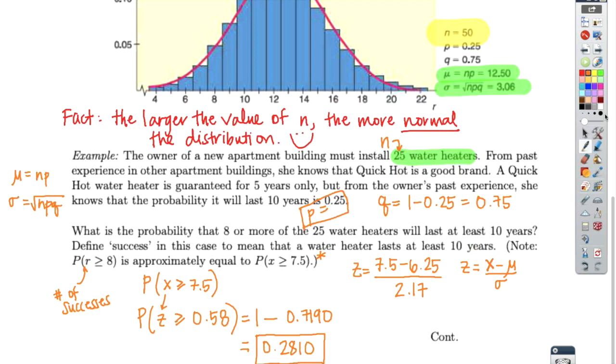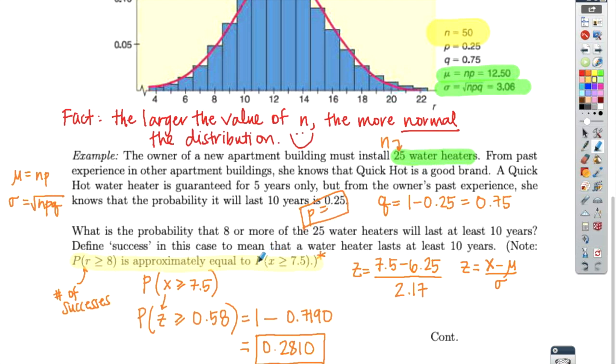Let's go back to one really important part in this problem, and that is this little step right here. The problem asks us, what is the probability of 8 or more successes? But we actually found the probability of 7.5 or more successes, kind of.